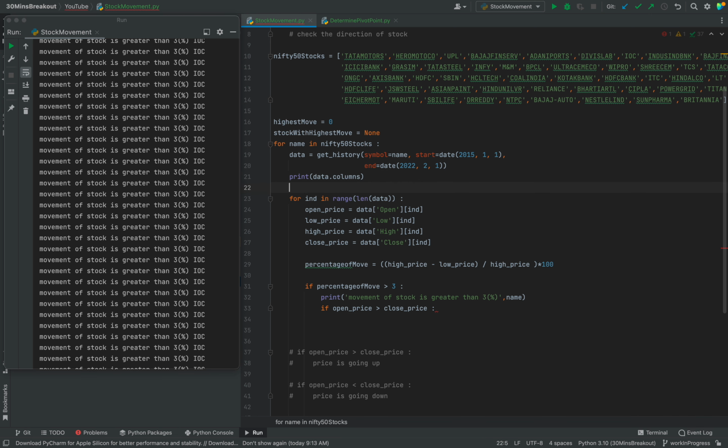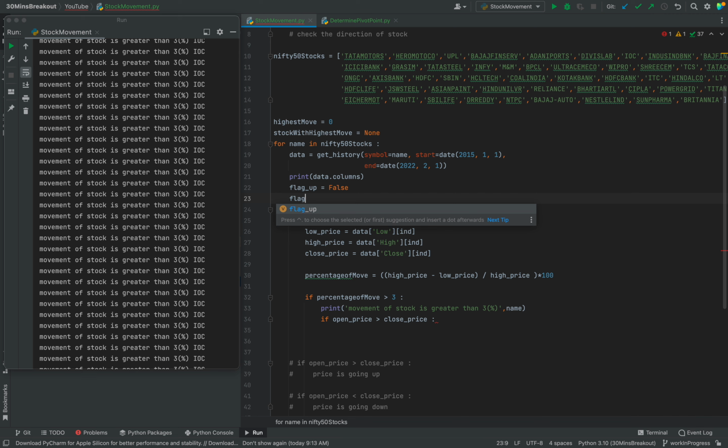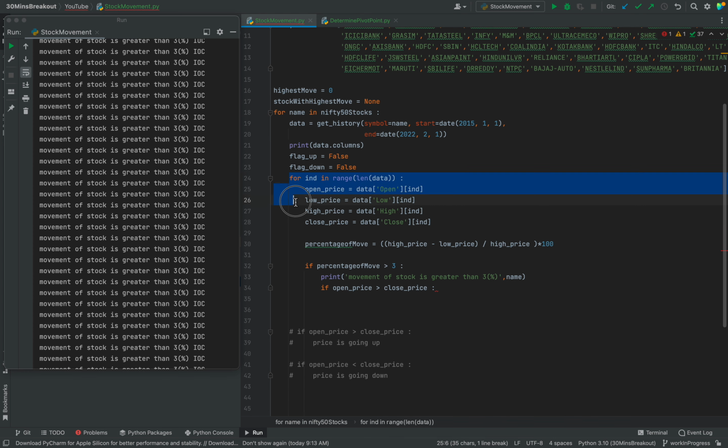So let's add a flag here. I have added it just before this loop because it will get reset if we write it inside.